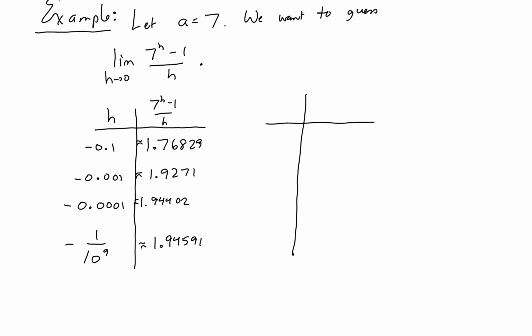These are all approximates. Then we can do the same thing with some positive values. Now this should just be get rid of one of these zeros. So again, these are all approximate values here.